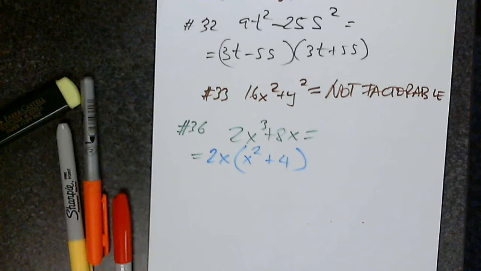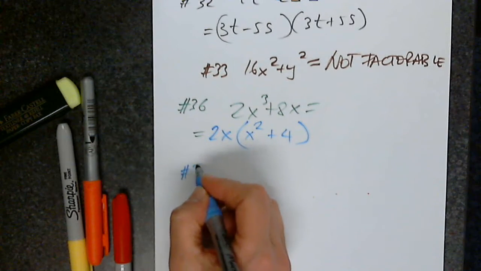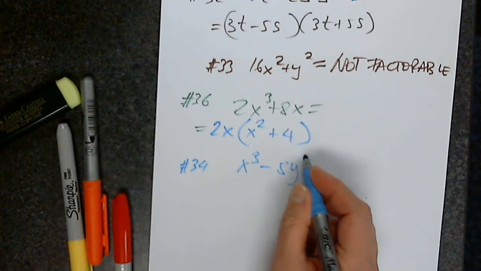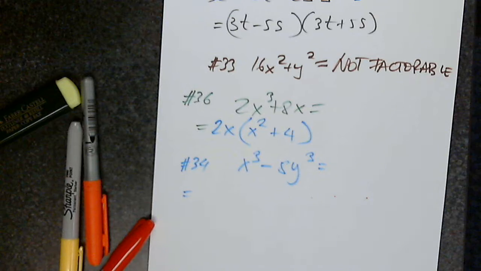Good. Next question. 34, very good. 34: x cubed minus 8y cubed. What do we do with this?